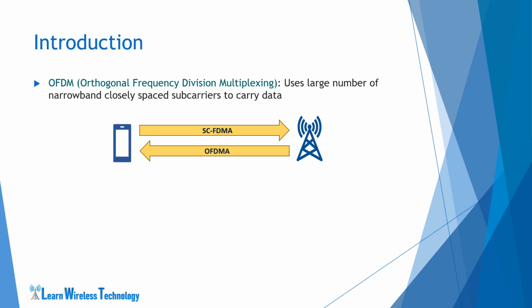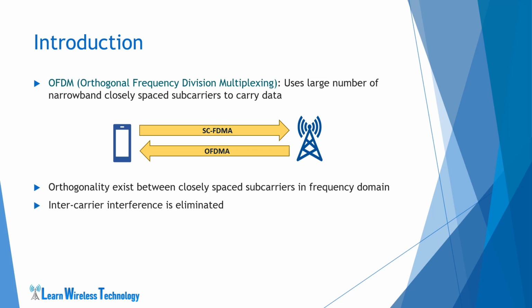Now, the basic principle of OFDM is that the subcarriers carrying data-bearing signals are closely spaced in the frequency domain. The frequency spacing between the carriers is chosen in such a way that orthogonality exists between them, despite their close spacing. It also eliminates the mutual interference between the signals, which are carried on different subcarriers, due to orthogonality. So, the intercarrier interference is also eliminated using the OFDM feature.